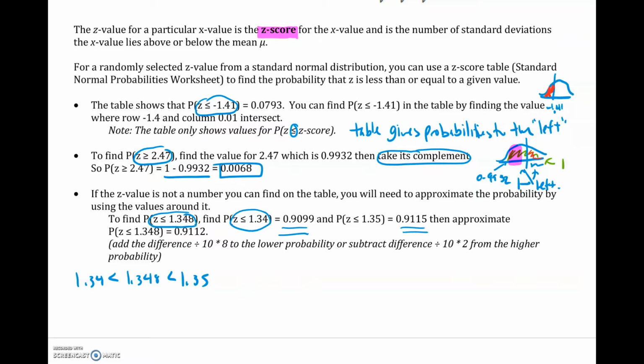It's right down here. We're going to add the difference divided by 10 times 8 to get the lower probability, or subtract the difference divided by 10 times 2 for the higher probability. Okay, so let's dig a little bit deeper about why that is how we estimate it, because it's not always going to be like this for every single problem. So let me break it down for you.